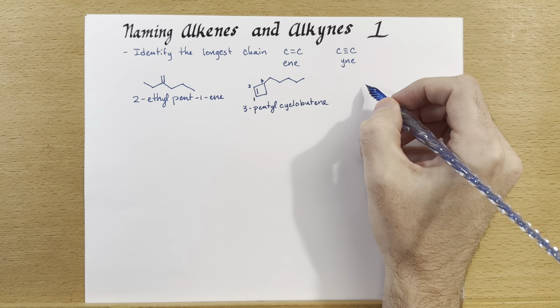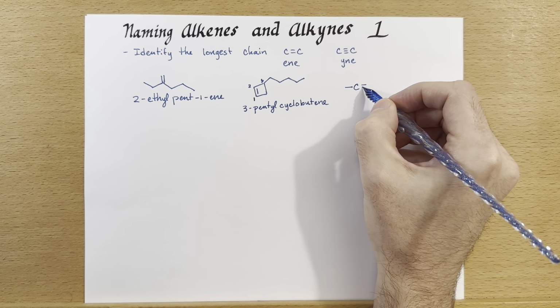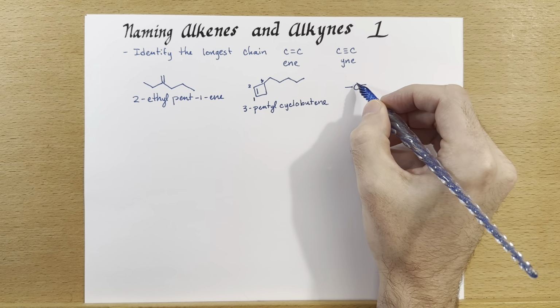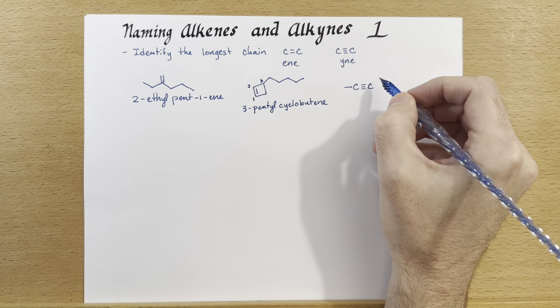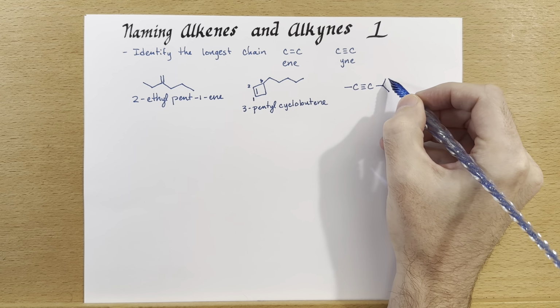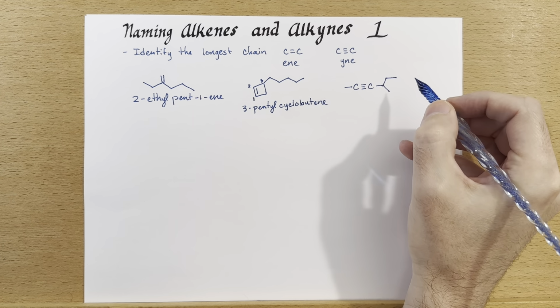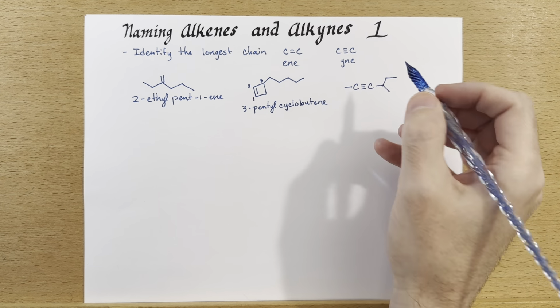Let's look at an alkyne now. And again, a lot of times I like to draw out the carbon just because it kind of starts to blend in a little bit without it there. I'll draw it without it here in a second, and you'll kind of see why I like it.